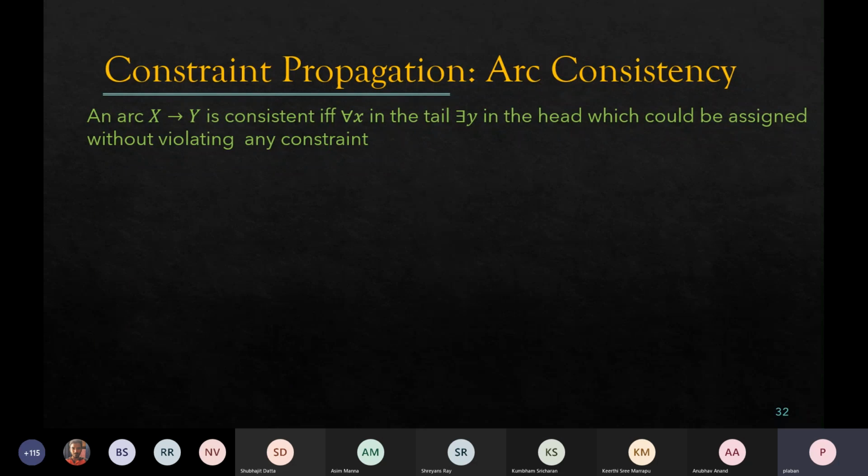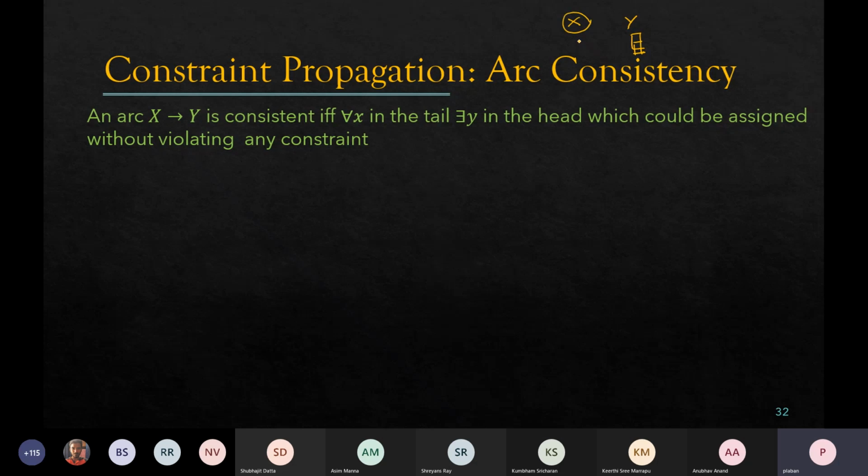So what we are doing here: we have two variables, X and Y. Now let us freeze the values that Y can take. It might be multiple values, but at this point we know that this assignment is okay, right? What we are trying to do here is see what values for X will be permissible.